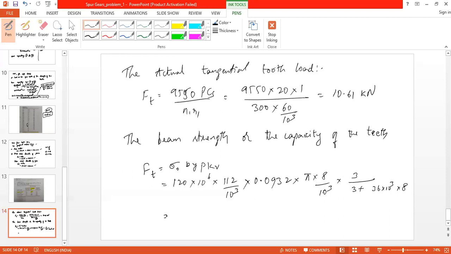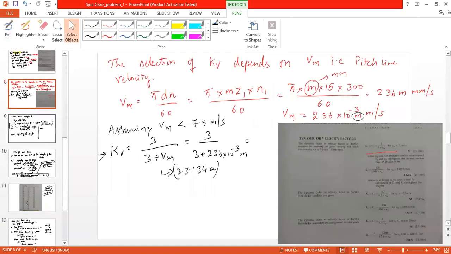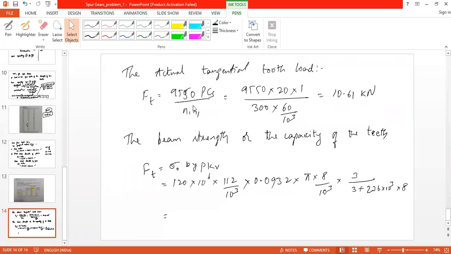So if we solve this, what will be the answer? It's 36 into 10 power minus 3. Here the 10 power 3 terms cancel each other.